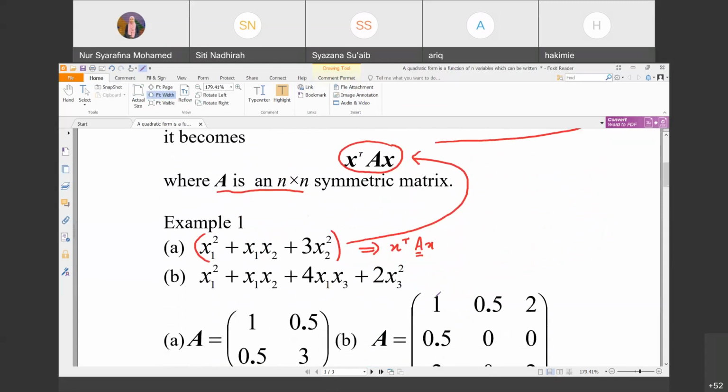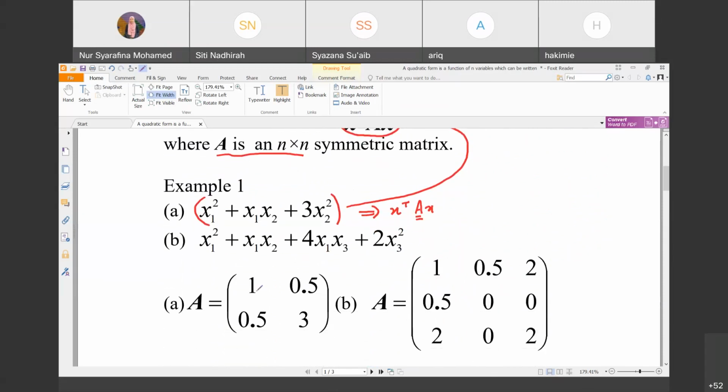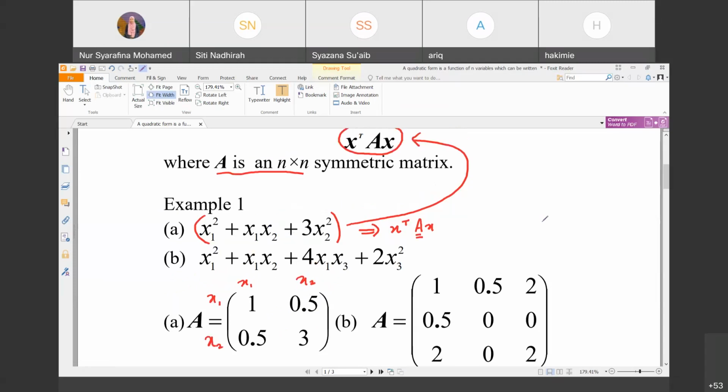Given here, your A is 1, 0.5, 0.5, 3. So this is represented by x1, x2, A, x1, x2. How can we make sure the matrix A can be represented as the function x1 squared plus x1 x2 plus 3 x2 squared?